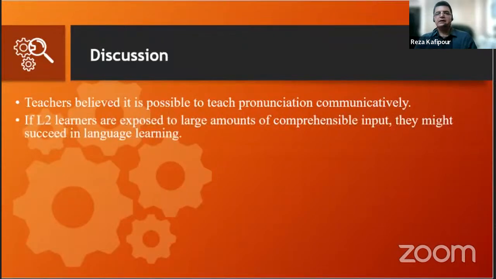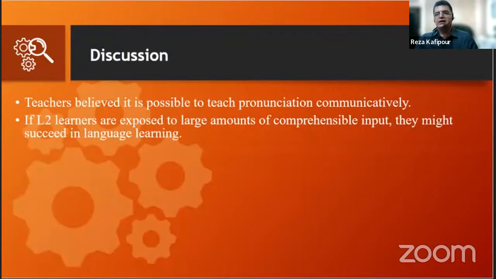Next point, if second language learners are exposed to a large amount of comprehensible input, they might succeed in language learning. As you see, we overemphasize this point in different slides.